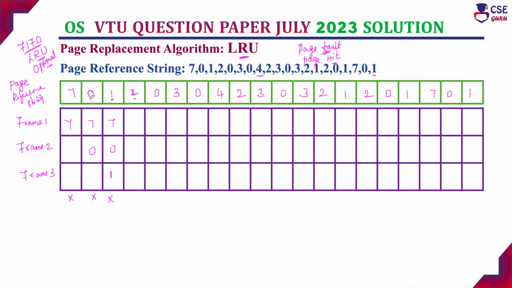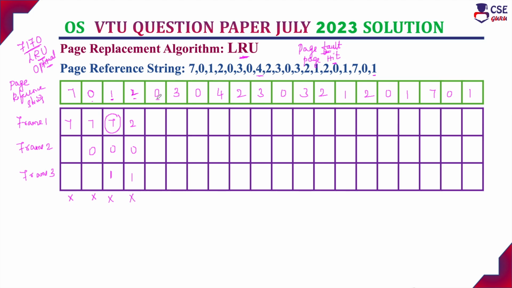So the victim page, the least recently used among these 3 pages, is 7. So 7 will be selected as the victim page, and that will be replaced with the current reference page 2. So 2 0 1, this is a page fault.